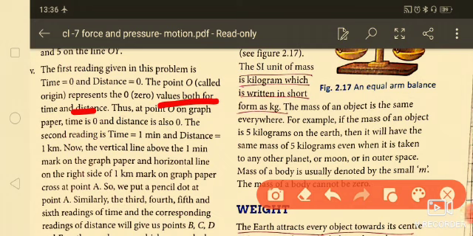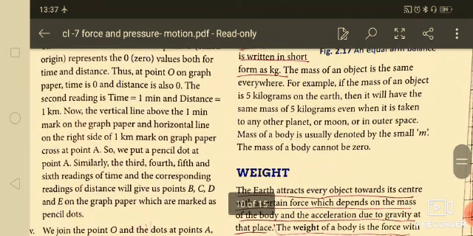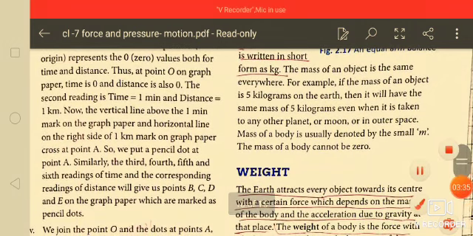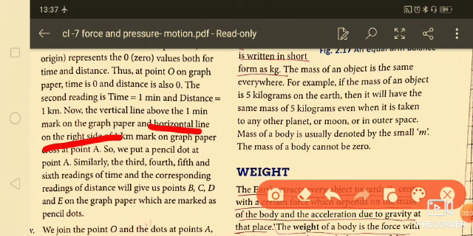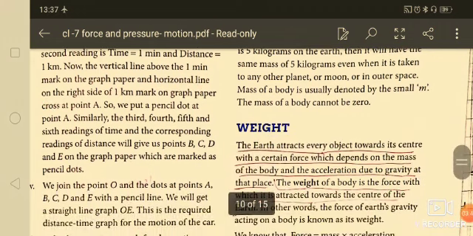Thus at point O on the graph paper, time is 0 and distance is also 0, and the second reading is time 1 minute and distance 1 kilometer. Now draw a vertical line above the 1 minute mark on the graph paper and a horizontal line at the 1 kilometer mark.